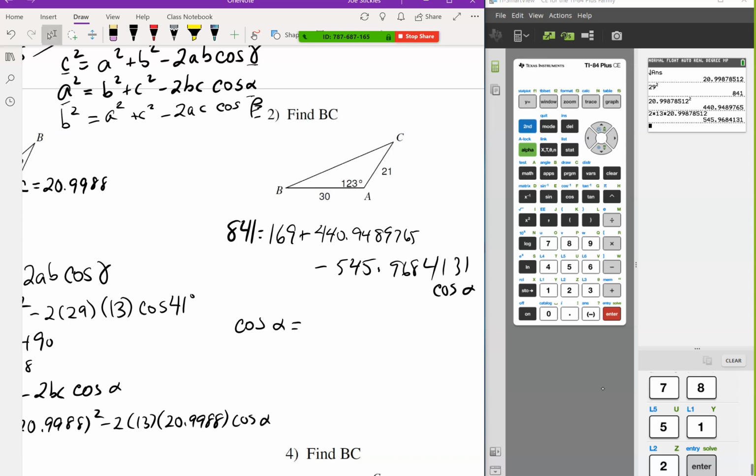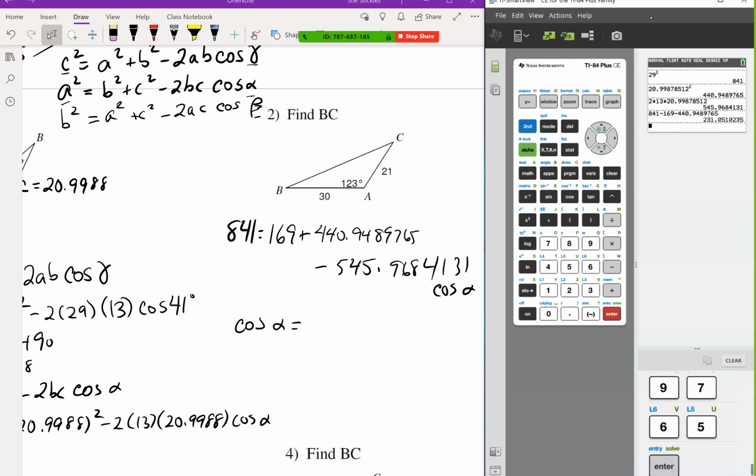So I need to do 841 minus, good grief, keep not clicking over on the calculator before I start typing on the keypad, sorry. 841 minus the 169 minus that 440.9489765.